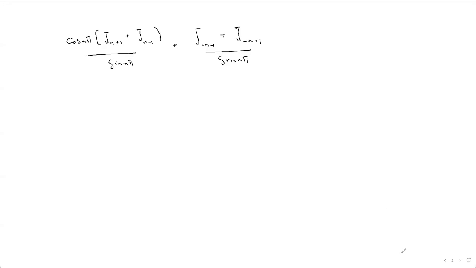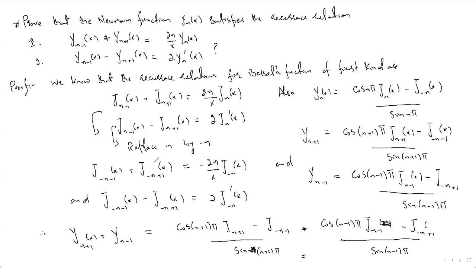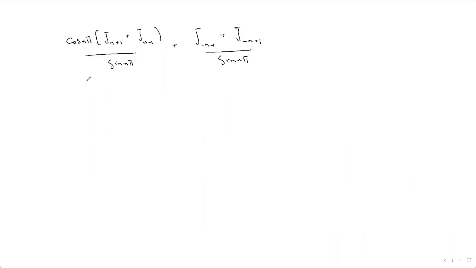What is this equal to? J n plus 1, where did J n plus 1 go? J n plus 1 and plus J n minus 1. This thing, right? This one here. So what is this? What will this be equal to then? This will be cos of n pi.